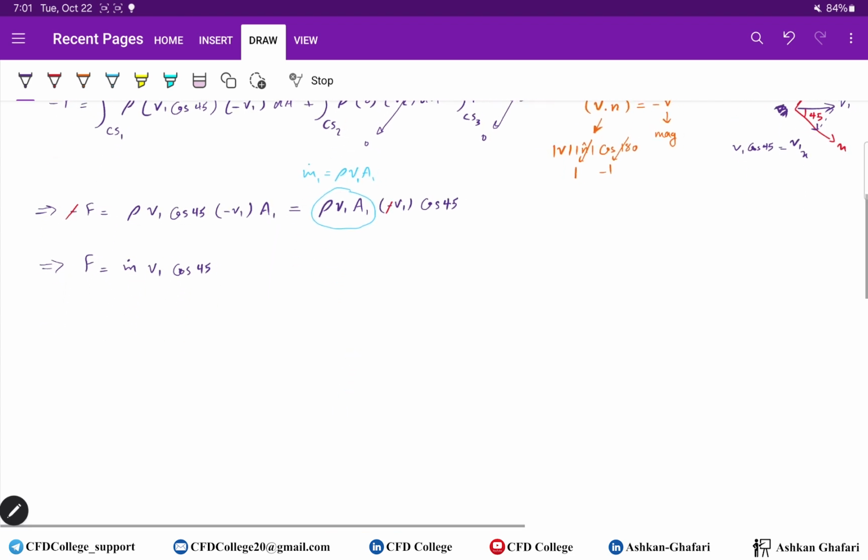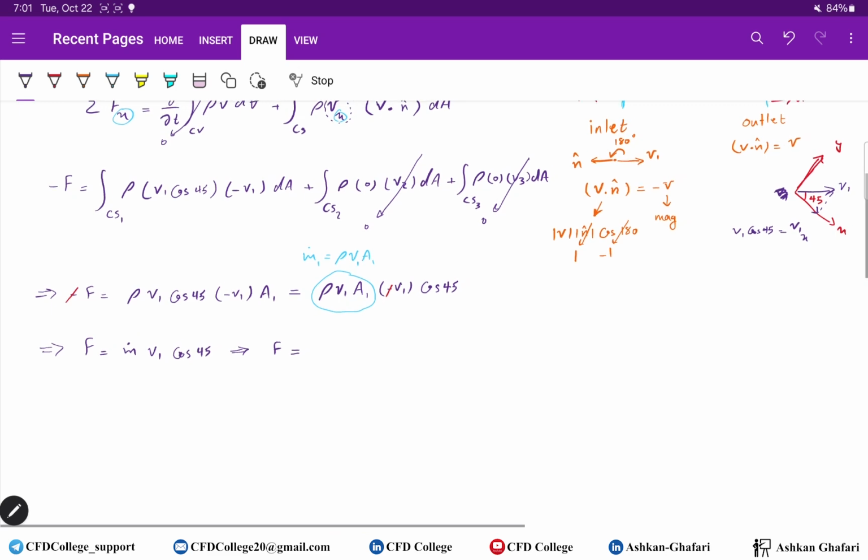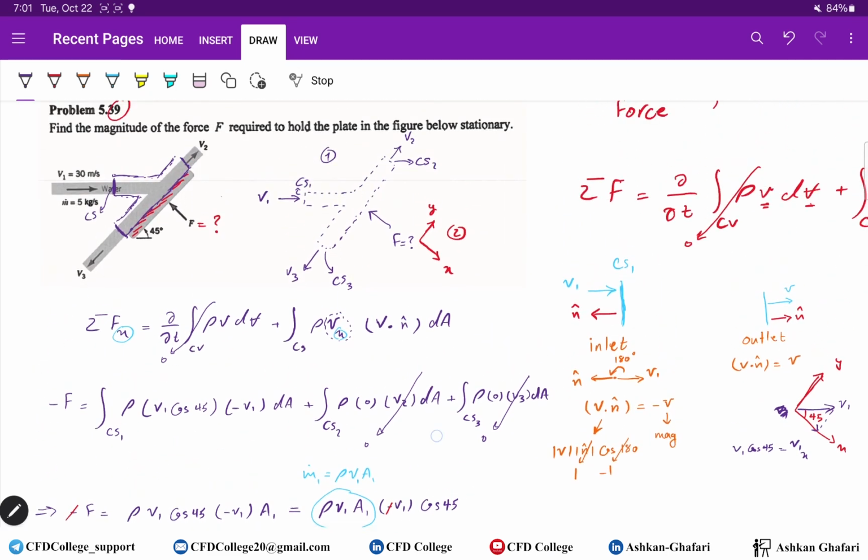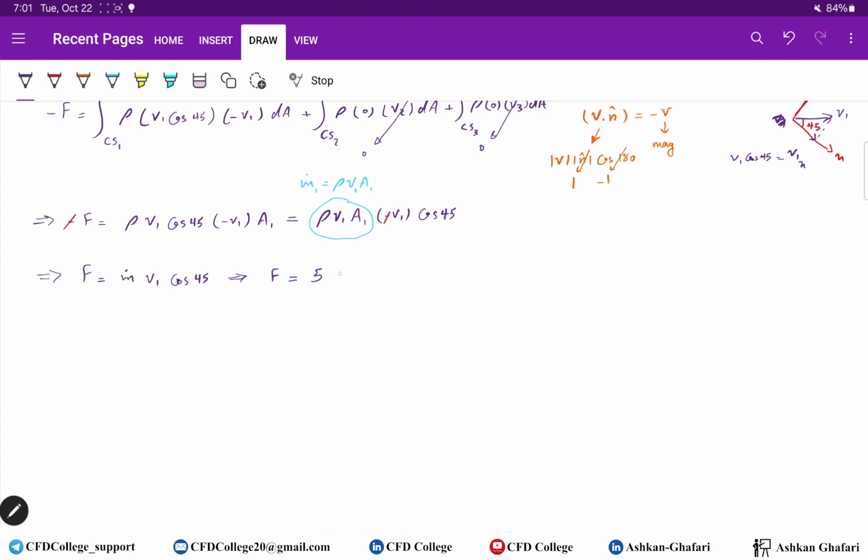We should use the mass flow rate because we don't know the area, but we know the mass flow rate. That's why we use this. Now you can find F. M dot is 5 kilograms per second, V1 is 30 meters per second, cosine of 45. So F equals 106 Newton.